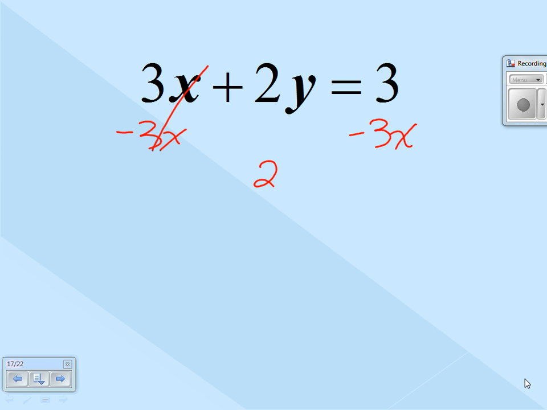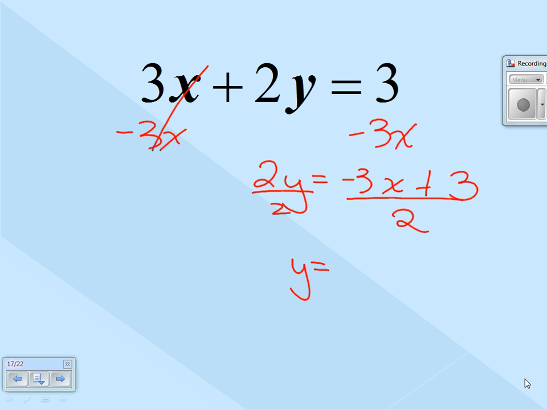And then get 2y equals -3x plus 3. Divide 2 to both sides. And y therefore equals -3/2 x plus 3/2. That's my answer.